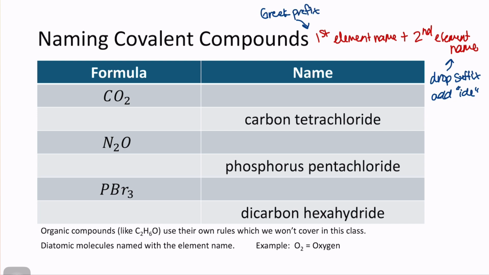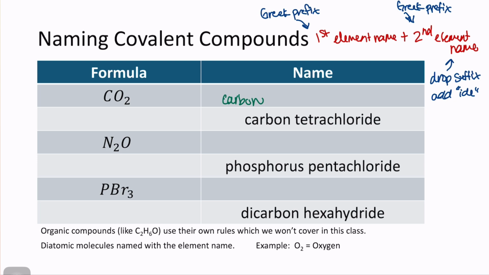So if you have more than one of your first element, you do the Greek prefix and then the first element. If you have more than one of the second element, then you have to use the Greek prefix there as well. So with CO2, this is a really good example where mono is not used. I have one carbon, so I'm just going to write carbon.